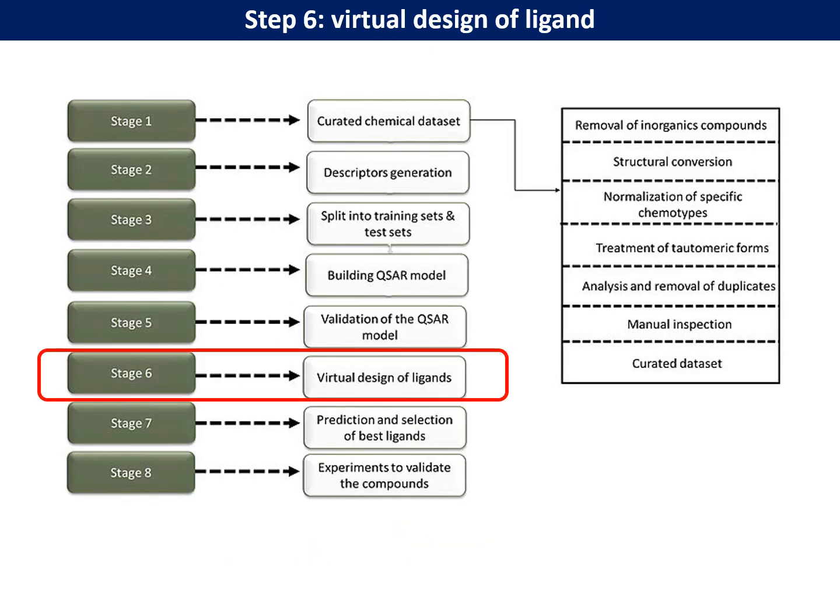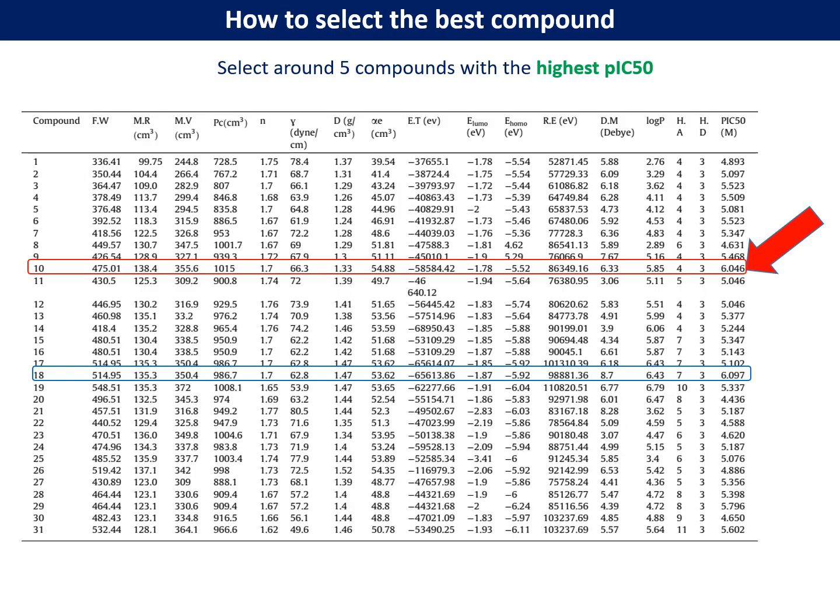Next, I will show you step 6, visualizing designed ligands. Because we have 230 compounds, we cannot identify the whole set, so here we only select around 5 or 10 molecules with the highest pIC50 in the data set.